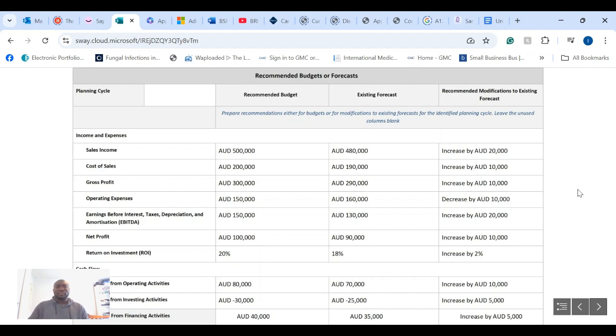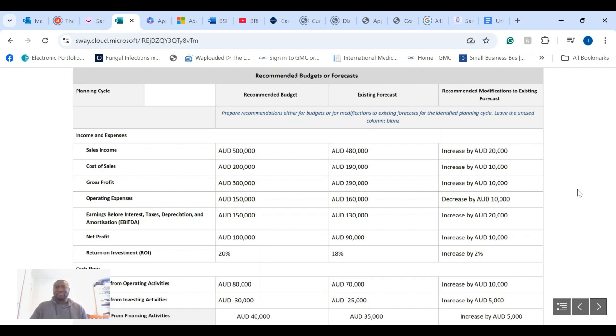For the cost of sales, I'm recommending a total sum of 200,000 Australian dollars, which would be a $10,000 increase from the existing $190,000. So we're looking at a profit of around 300,000 as per the recommended budget.